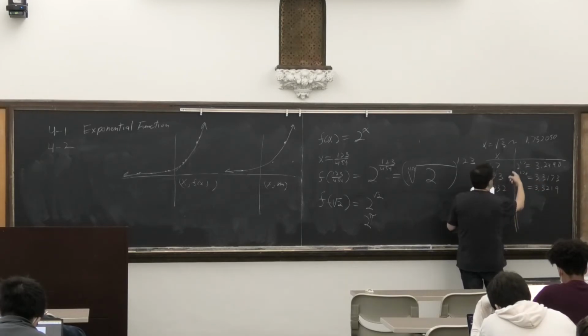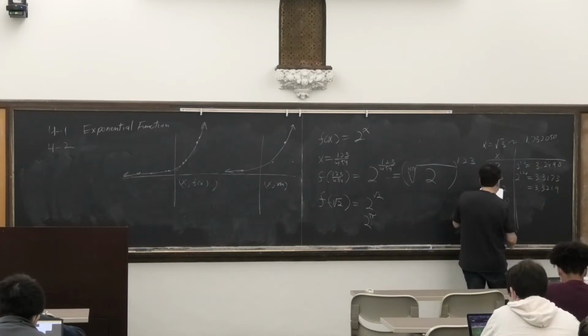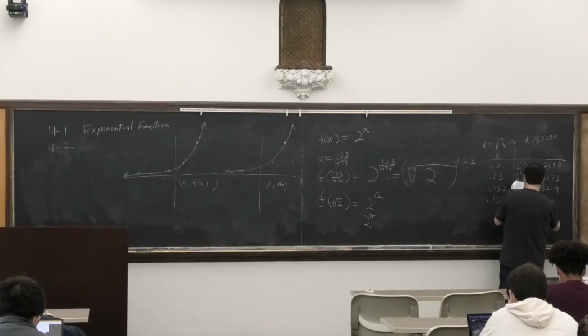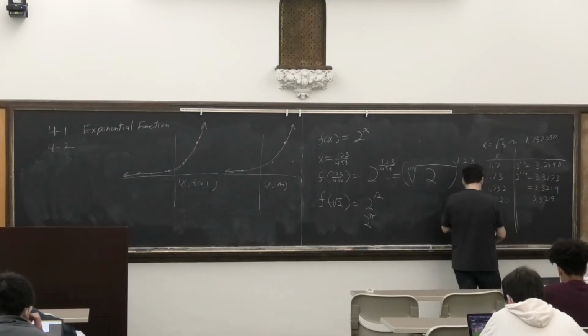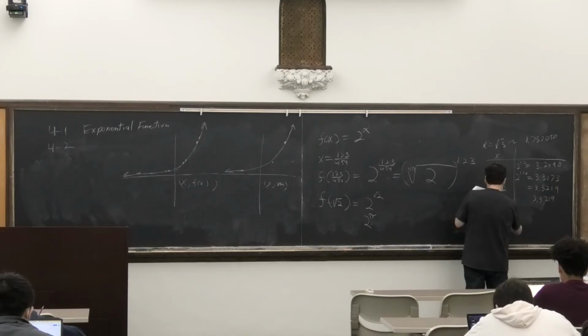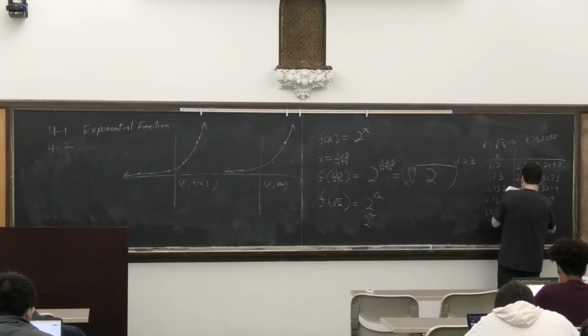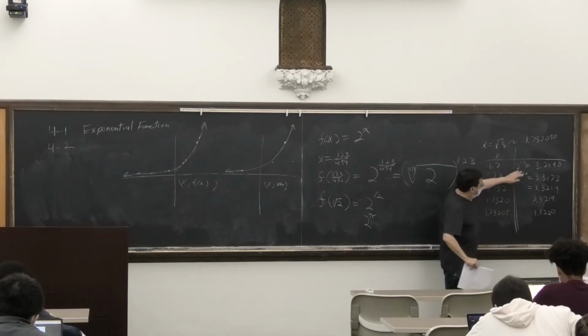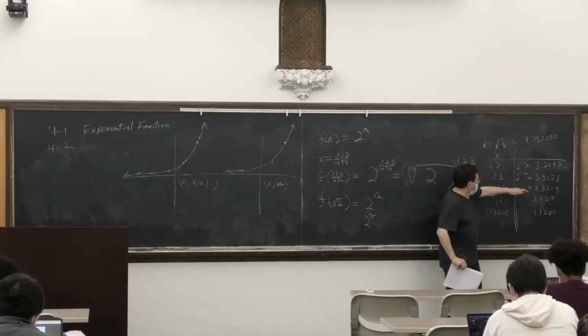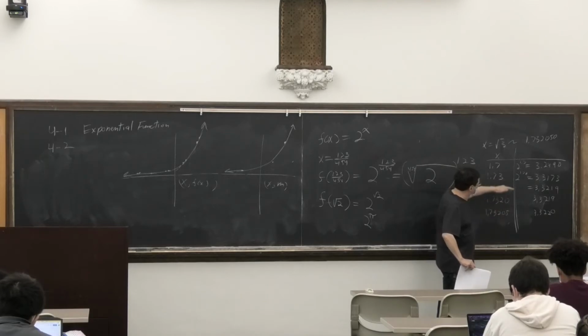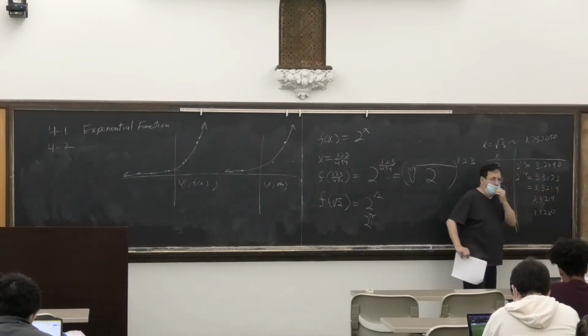I'm just adding numbers here. 3.3219. Okay, I don't really know what comes after that. And finally, 1.73205, this will be my last estimate. It's approximately 3.3220. So you see what's happening here is, as I use more and more decimal points, I'm getting closer and closer to some number.